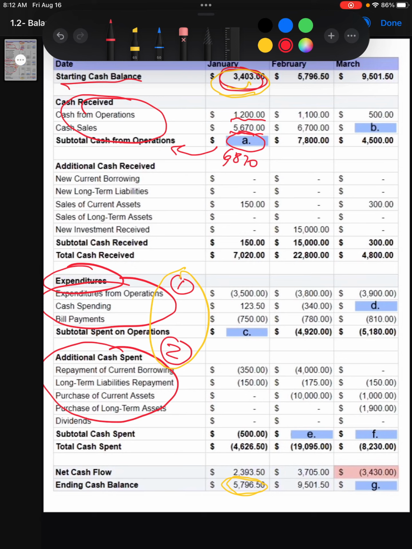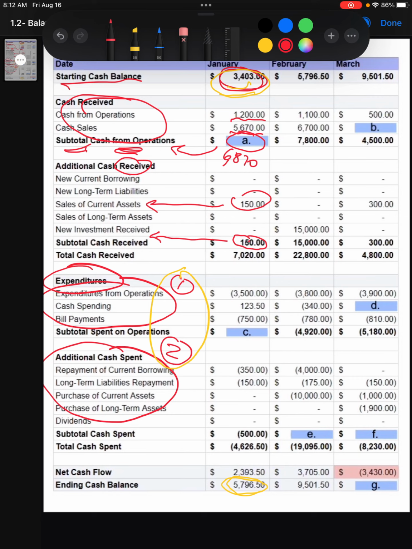That's what A is. Now, that is the subtotal for cash from operations. Now, cash received, that cash came from sales of current assets, and as you can see, this is the subtotal of this category only.